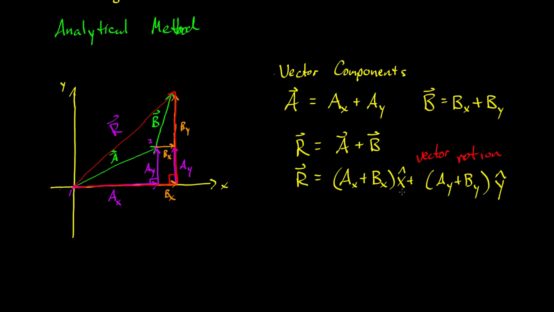Vector notation, we use this x hat and y hat. And all that means is that we're going to go this much in the x direction and this much in the y direction. So these 2 things just indicate direction. That's all they mean. All right, so let's do an example.